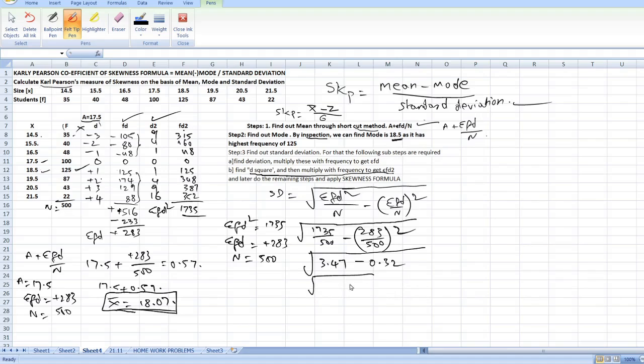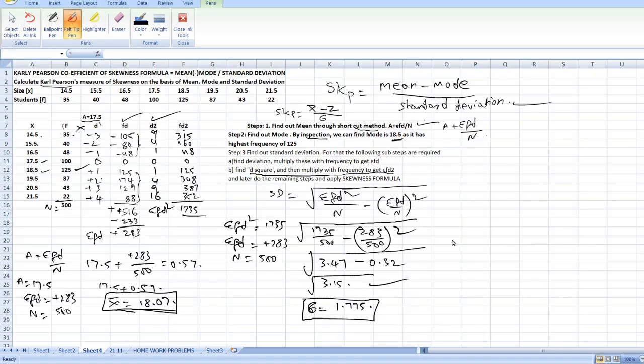When you subtract 0.32 from 3.47, you will get 3.15. You have to find the square root of this. So standard deviation is equal to 1.775. Okay, this is the value.